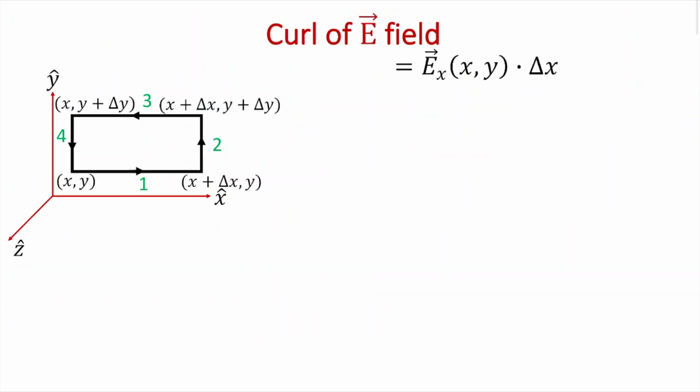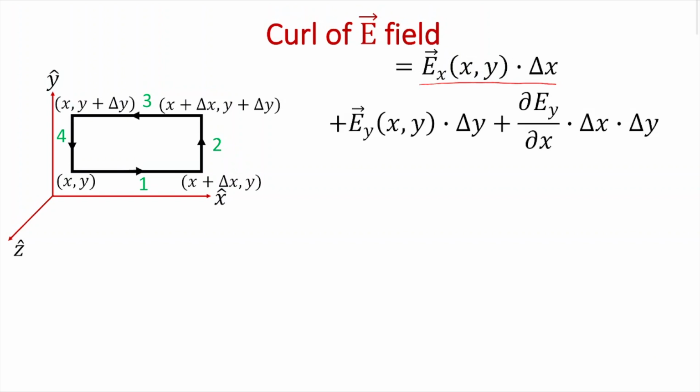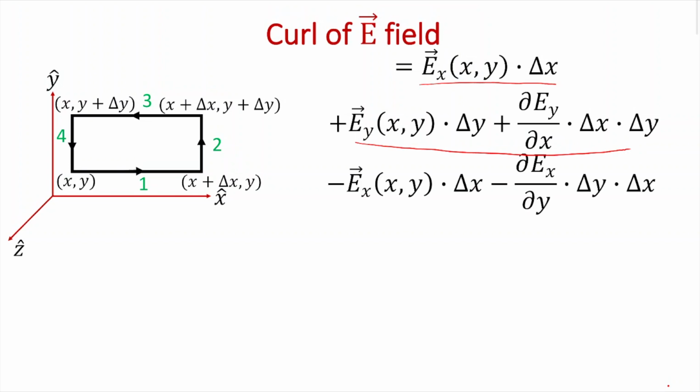Now let's add all of these together. So this is the E dot dl from path number 1, and then you have E dot dl from path number 2, which is this one, and then you have E dot dl from path number 3, then you have E dot dl from path number 4. What we see here is that this term cancels completely with this term, and this term completely cancels out this one.